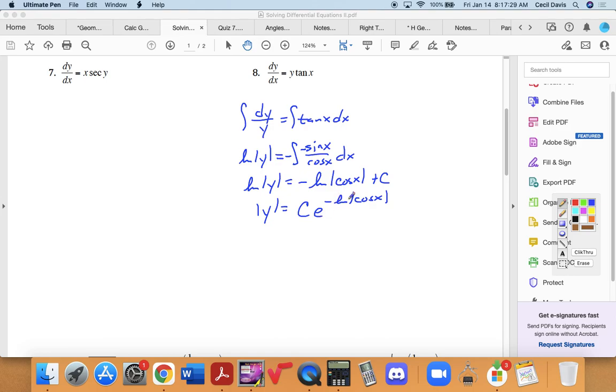Because I have an e to the natural log, I need to get rid of the thing in between them. So I can say the absolute value of y is equal to c e to the natural log of the absolute value of cosine of x raised to the negative 1 power. Cosine to the negative 1 power is secant, and e to the natural log of secant will just be secant.